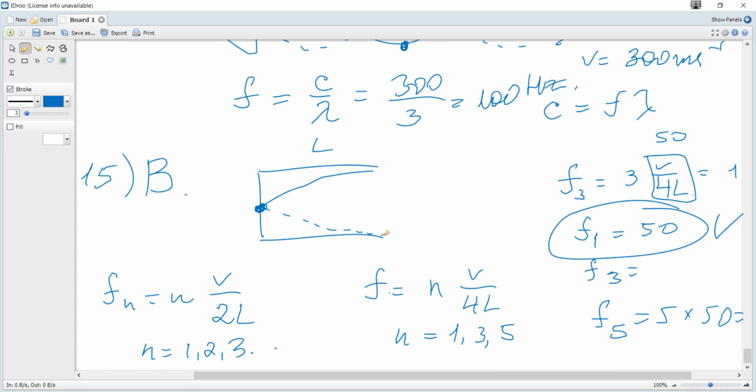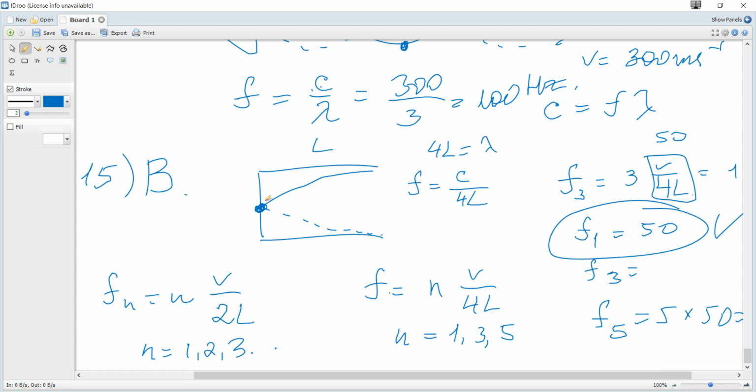This formula can be easily deduced. You can see that it's a quarter wavelength, so 4L is lambda, and using this again, you can see that f is c over 4L, and it's the fundamental frequency.